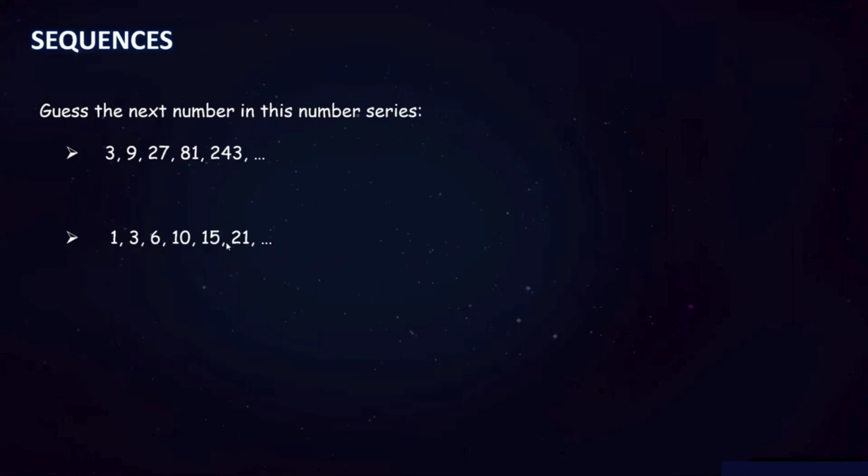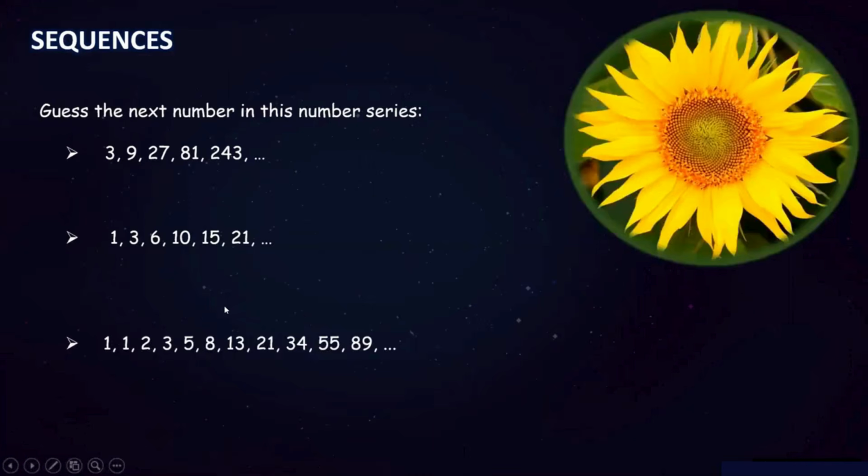The difference between any two successive numbers is increasing: 2, then 3, then 4, then 5, then 6. So automatically one can expect the next number will be at a distance of 7 units. So it is 21 plus 7, it is 28. So like that you can expect this number also. Good. So these are some series of numbers from which you can expect the next number, right?